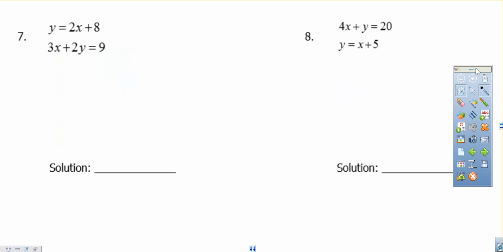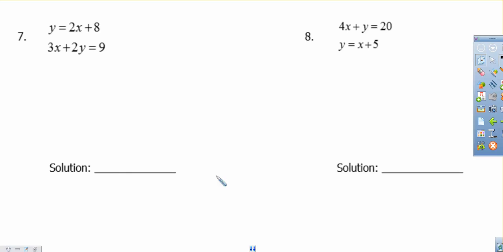Number 7. Which one of these do we have where x or y is by itself, or close? First equation right there. Like on number 8, it's going to be that second equation.